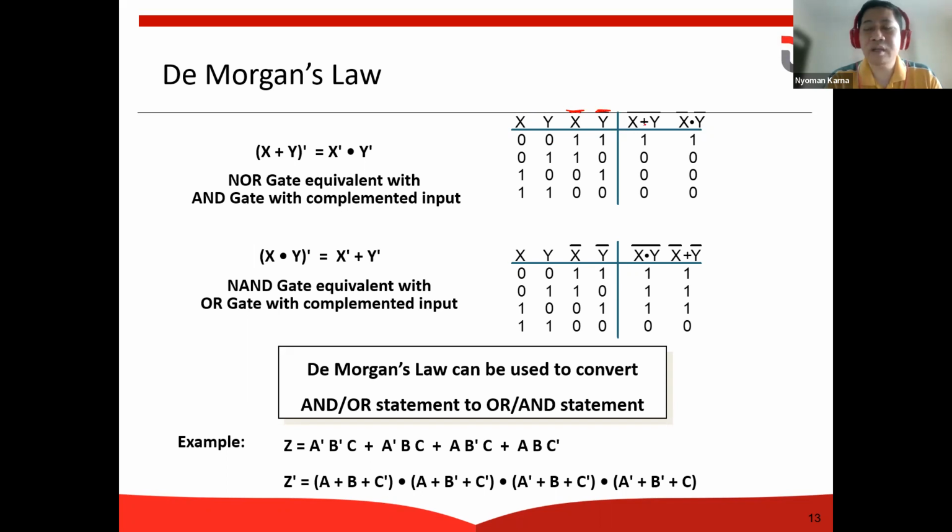And then x plus y, inverted: 0 plus 0 is 0, inverted to become 1. 0 plus 1 is 1, inverted to become 0. 1 plus 0 is 1, inverted to become 0. 1 plus 1 is 1, inverted 0. And then x naught times y naught is just multiplying these: 1 times 1, 1. 1 times 0, 0. 0 times 1, 0. 0 times 0 is 0. It's the same.